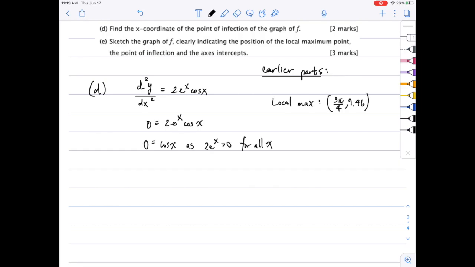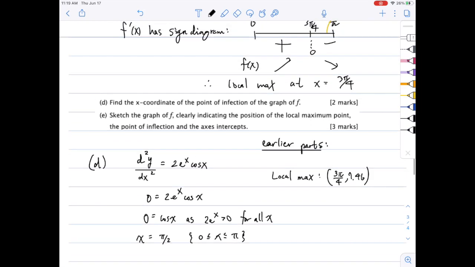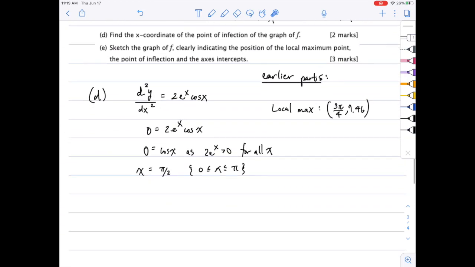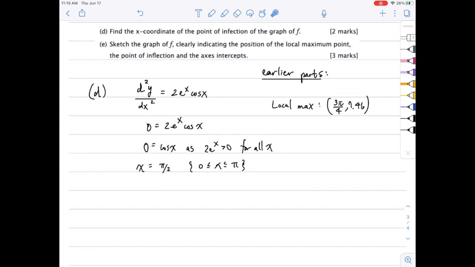And then cosine x is going to be equal to 0 when x is equal to pi over 2. The reason for this is, remember, x is between 0 and pi. That was defined earlier. So the function's only defined in this interval.